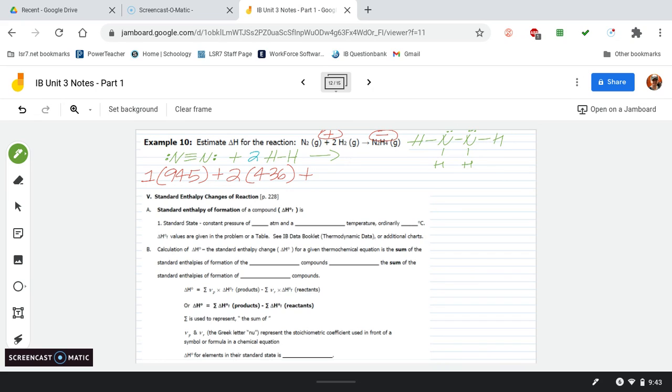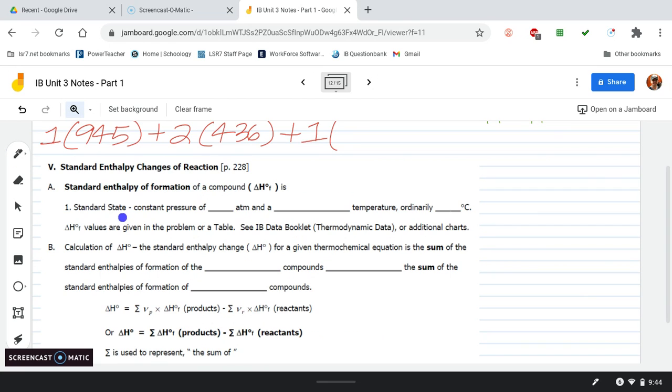So we're looking for two things here: a nitrogen-hydrogen bond, and there's two of those, and then a nitrogen-nitrogen bond, and there's one of those. So this one's going to get a little complicated. So we're going to do 1, and we're going to multiply that by the NH bond. But look, there's like 4 of them, right? So that's going to be a bit of a hassle.